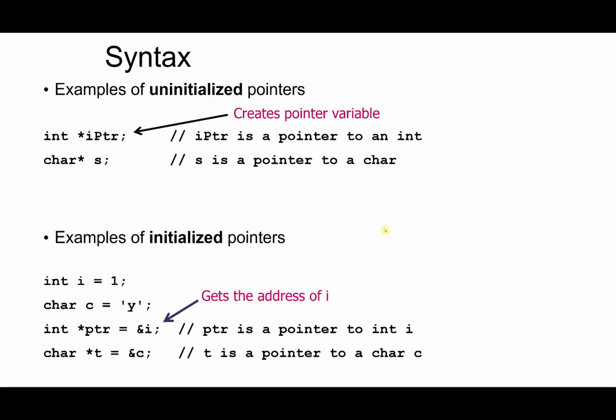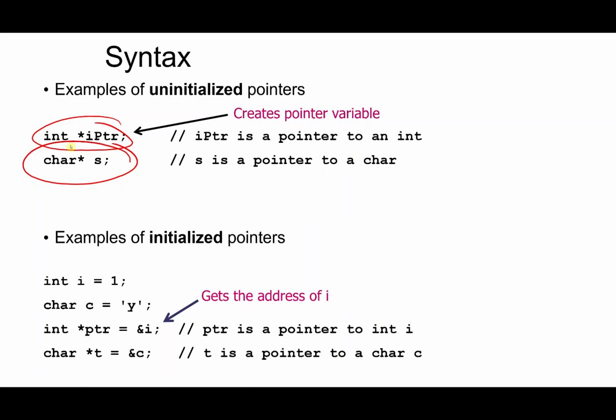Okay, the syntax of creating a pointer. Now we can create an initialized pointer or an uninitialized pointer. An uninitialized pointer is just defining the pointer without giving it a variable to point to. So int *iptr: iptr is now a pointer to an int, but which int variable?